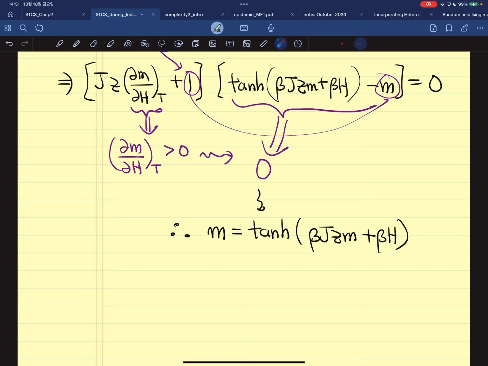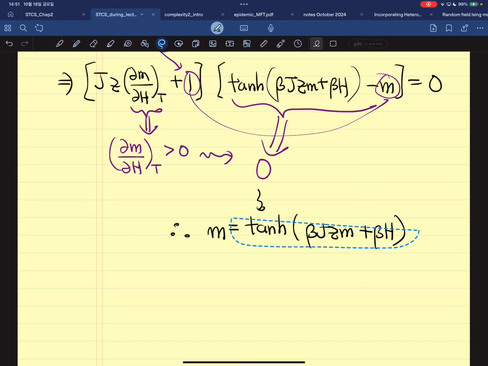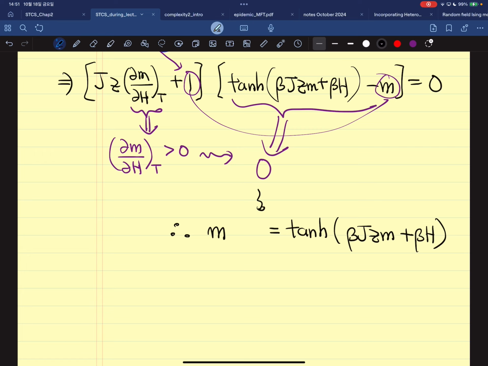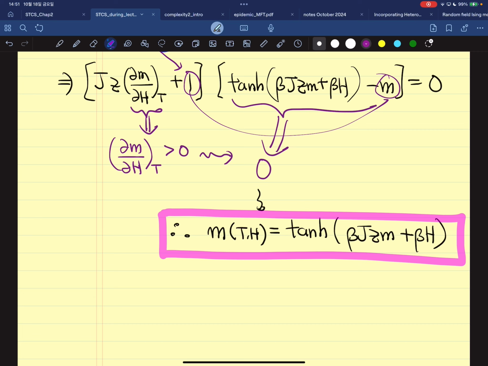Let's explicitly write this down, to emphasize the fact that M is a function of temperature and external field, this way. And this is the most important result for the mean field Ising model.